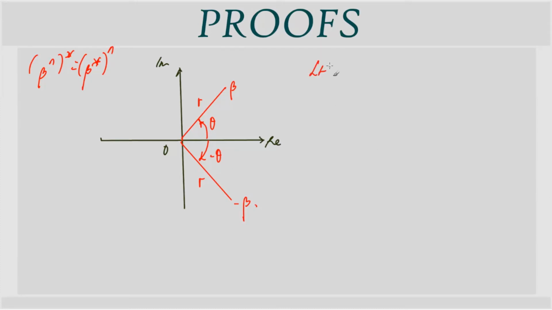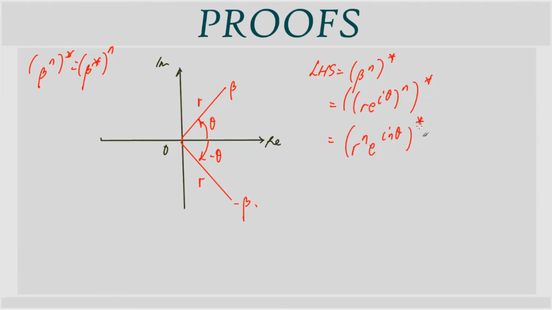So the left hand side is equal to b to the power of n conjugate, and that's equal to, now b is equal to re^(i theta), in this case to the power of n with a conjugate. So that's equal to r to the power of n, e^(in theta), conjugate.